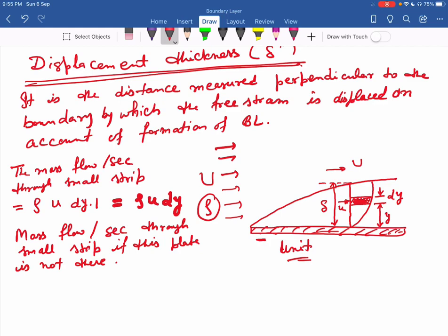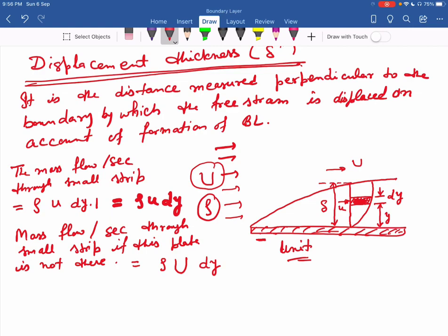The velocity of the stream is the same as capital U. If you consider the same strip, the flow velocity is capital U, so you can write the mass flow rate as rho into U into dy. If there is no plate, the mass flow rate is rho U dy.